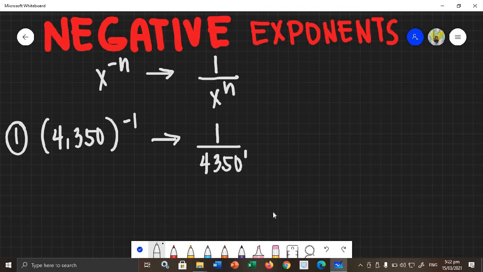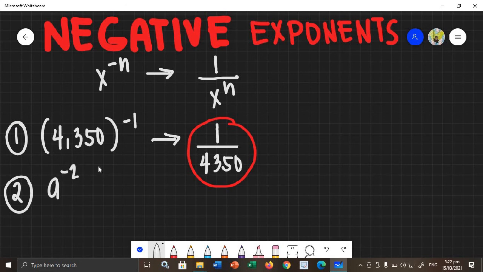And hindi ko na sinulat yung 1 dahil obviously, kapag walang exponent dyan, 1 yung exponent niya. So therefore, the answer for this example is equal to 1 over 4,350.